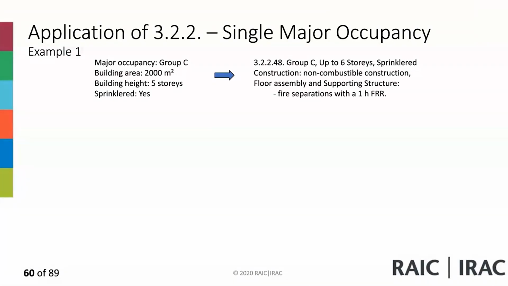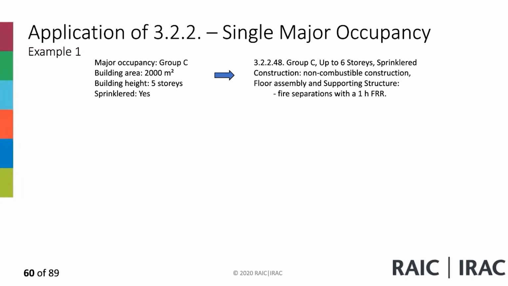And what this allows is that it doesn't talk about the type of construction. 3.2.2.50 is permitted if we limit the area to 1,800 meters squared, for example. I can use it if it's 1,800 meters squared, and it can be of combustible or non-combustible construction. But my building is 2,000 meters squared, so I have to use 3.2.2.48.